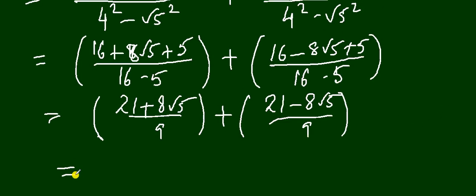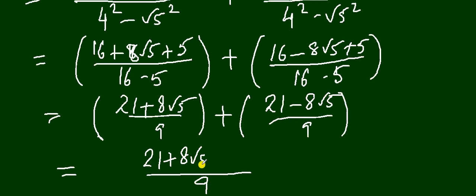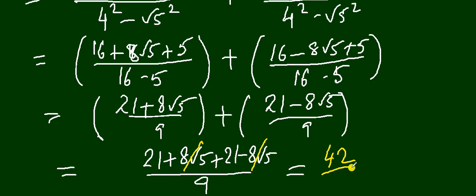Now, since it is a common denominator 9, I can take it, and 21 plus 8 root 5 plus 21 minus 8 root 5, if I cancel these two, 42 over 9 is my final answer. I can write it in my simplest form or the mixed fraction form. Does it go? Yes, it goes with the 3.